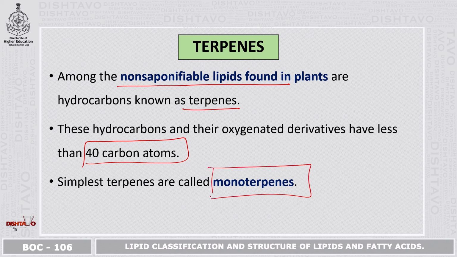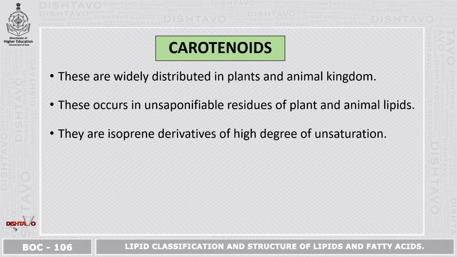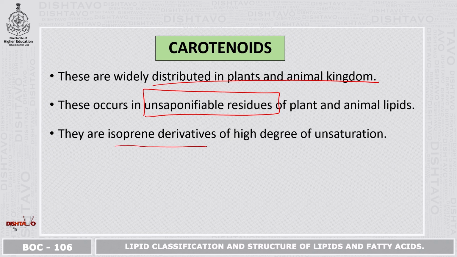There are others also, sesquiterpene, diterpene, triterpene, etc. But the simplest is monoterpene. And we have carotenoids. These are widely distributed in plant and animal kingdom, and these occur in unsaponifiable residue. This is important, of the plants and animal lipids, and they are isoprene derivatives of high degree of unsaturation.